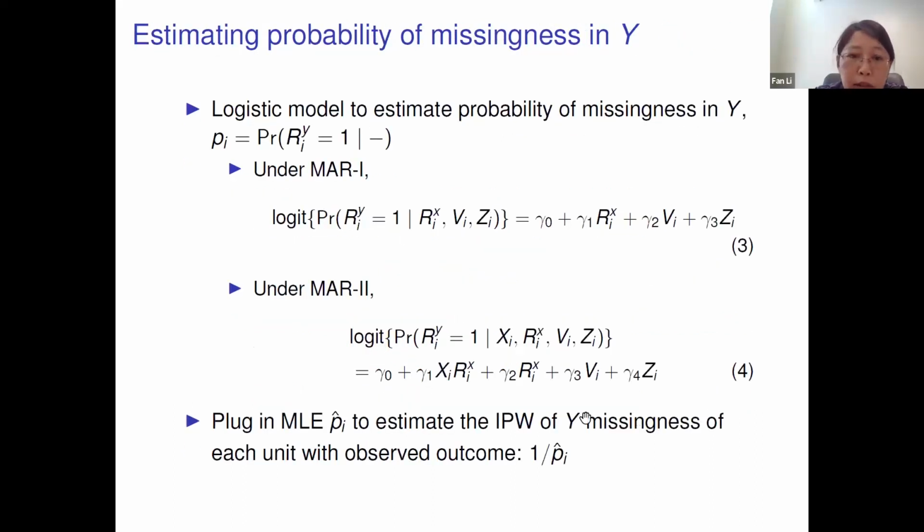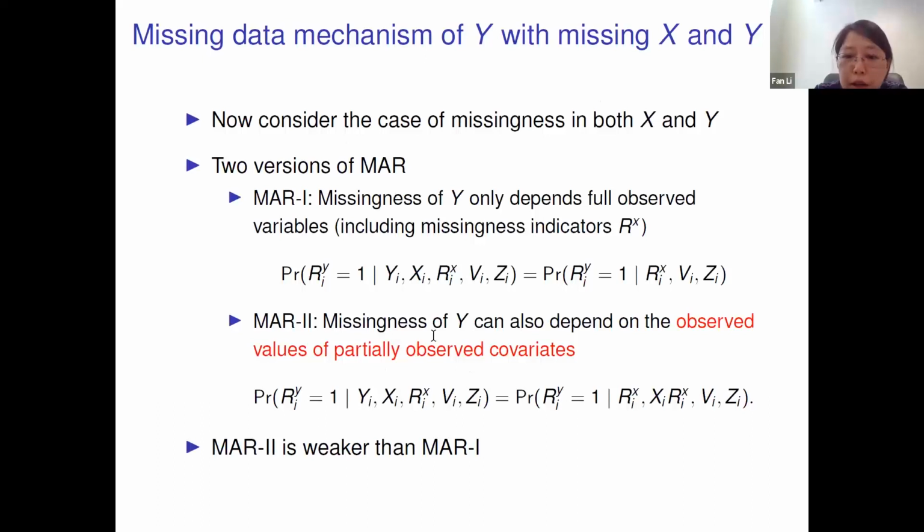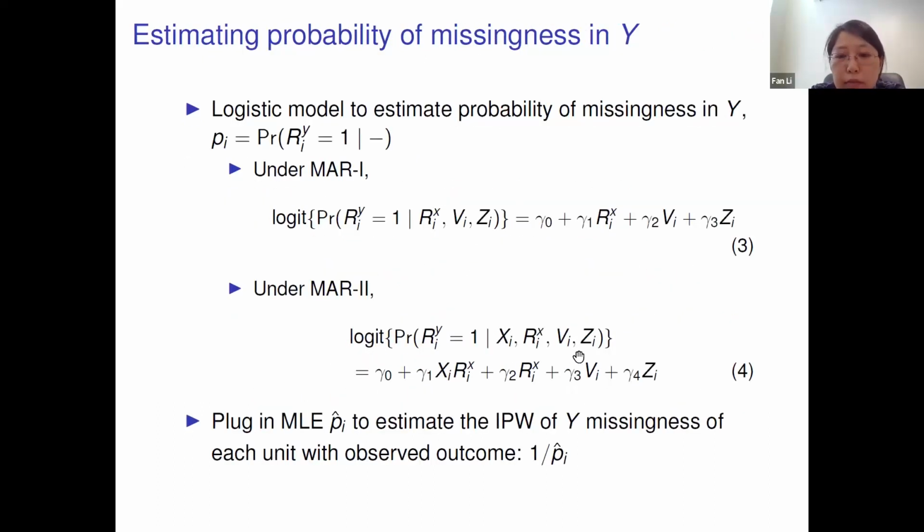So you can estimate the probability of missing Y accordingly, according to the assumptions you make. That is all relatively simple. Again, you can still use, for example, regression to calculate the probability of missing data, and then you can use IPW.